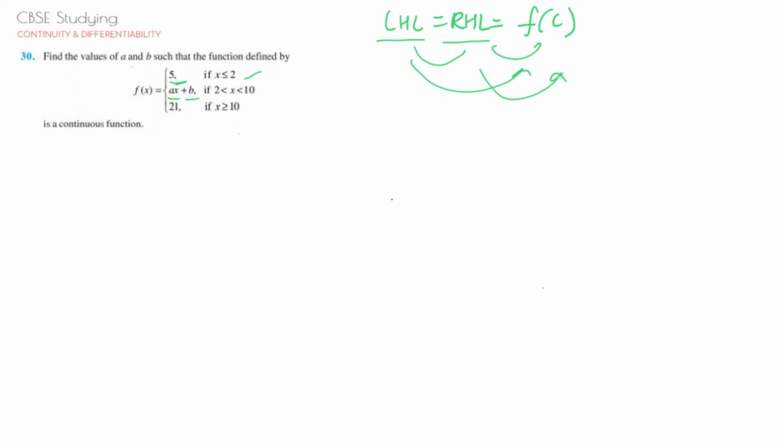The function is ax plus b if the value of x is between 2 and 10, and it is 21 when x is greater than 10. So what are the 2 points of continuity that we will test? At x equals to 2 and at x equals to 10, right? So let's hop on to the question and start finding out the value at x is equal to 2.